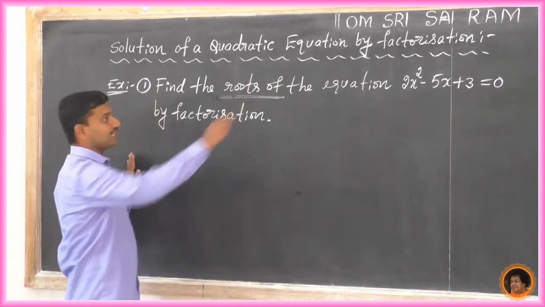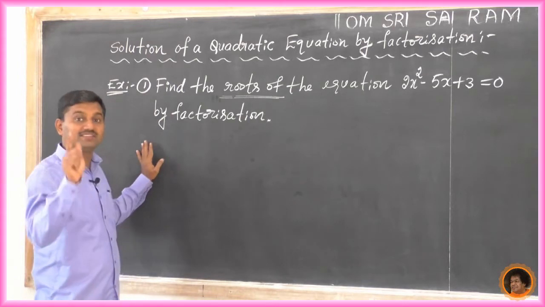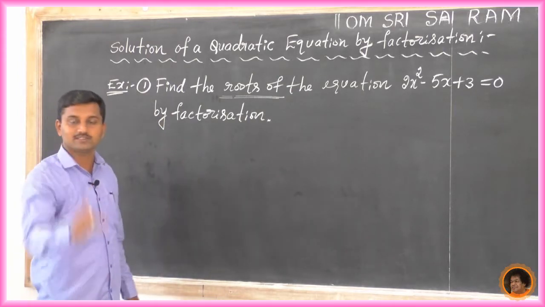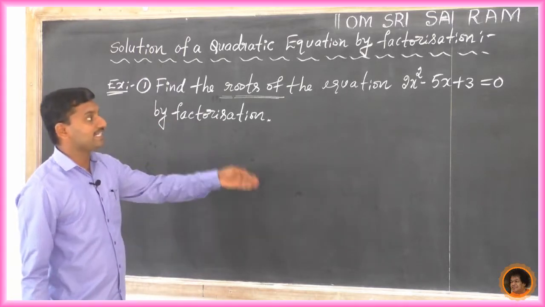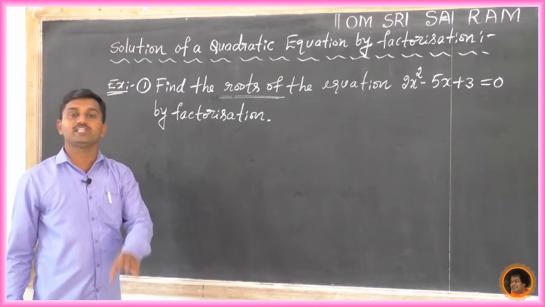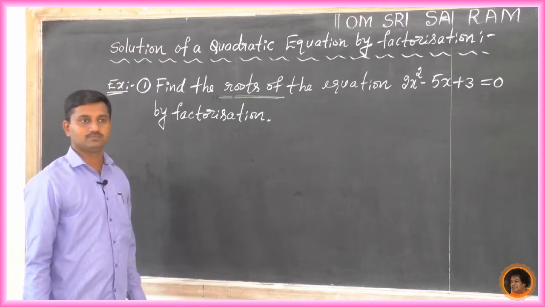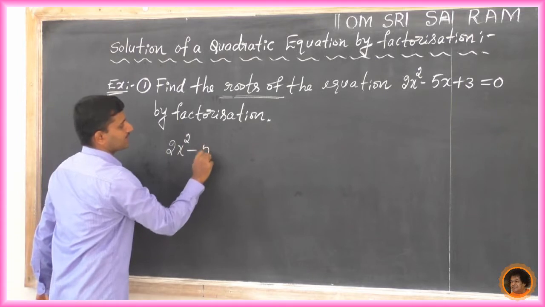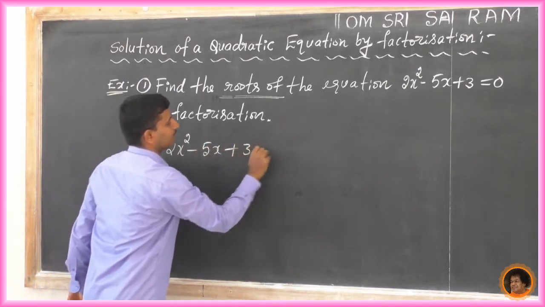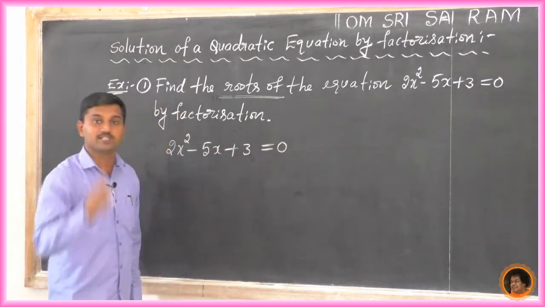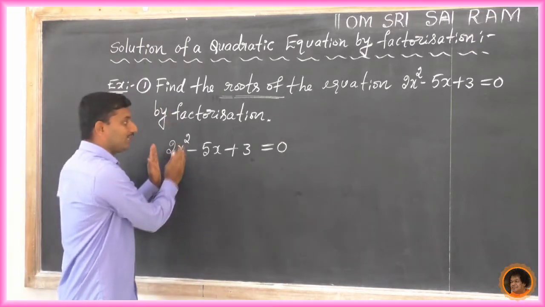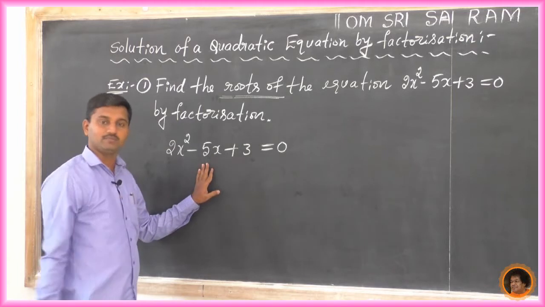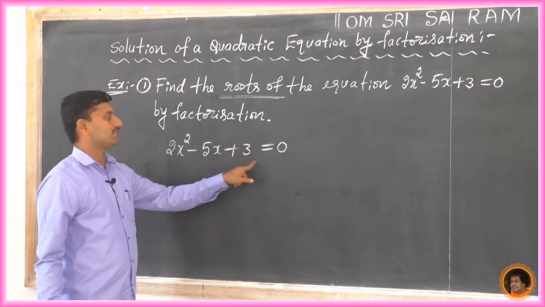So the steps of the factorization method. First step is to write the given quadratic equation in the standard form. What is the standard form? ax square plus bx plus c equal to 0.